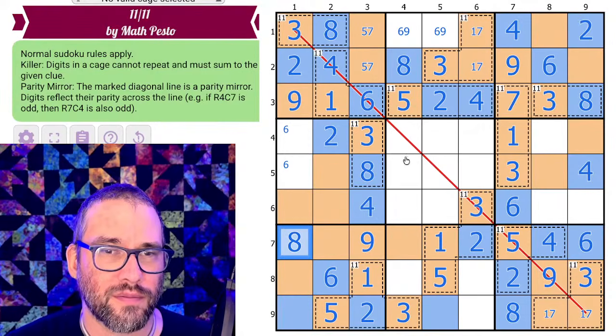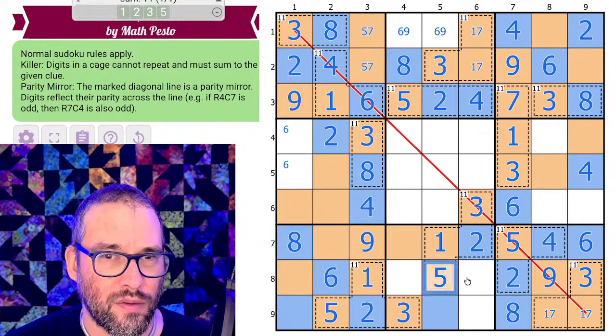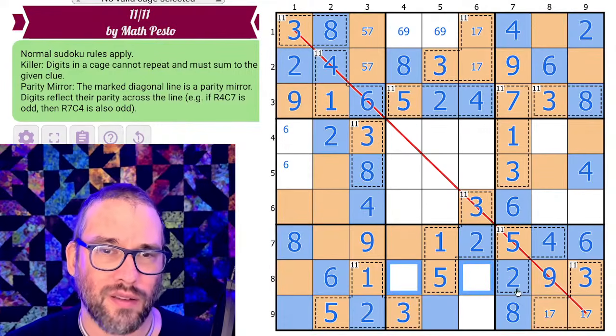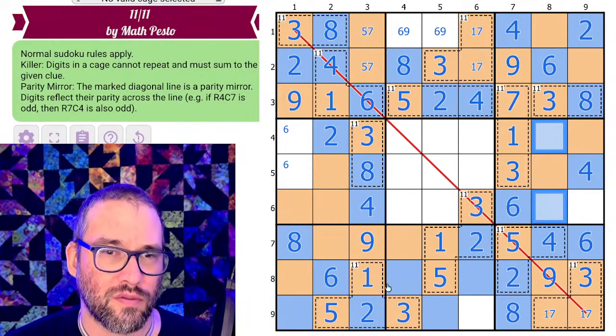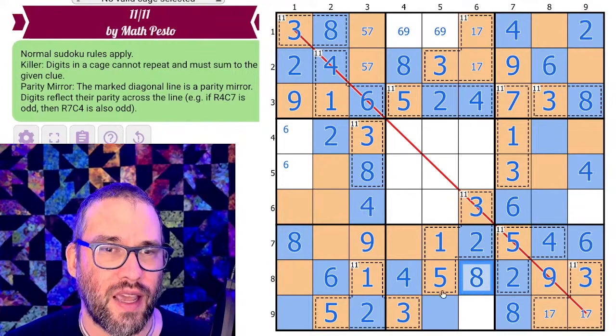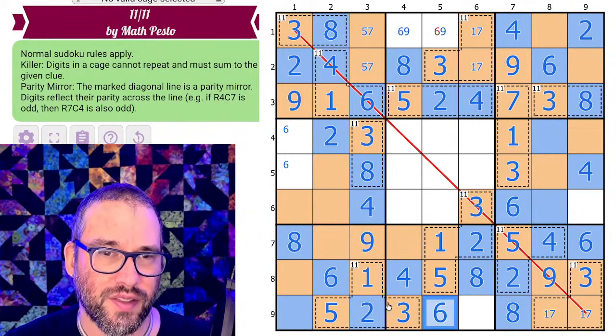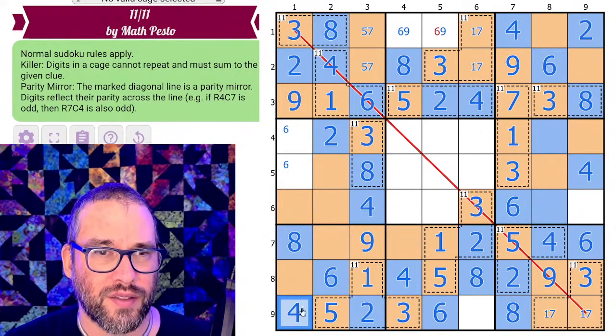Okay. All odds in this row. That's a 4. That's an 8. That's a 6. That's a 4.